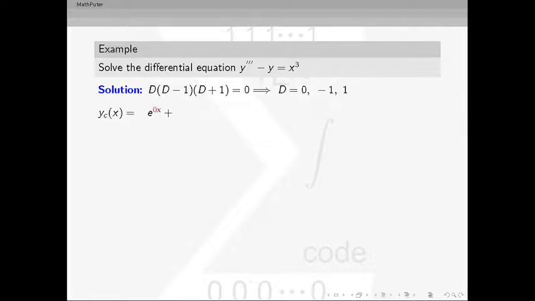So now how do we write the complementary solution? E raised to 0x, e raised to minus 1x, and e raised to 1 into x. We multiply by the c1, c2, and c3. So this is nothing but c1 plus c2 into e raised to minus x plus c3 e raised to x, where the constants are real.